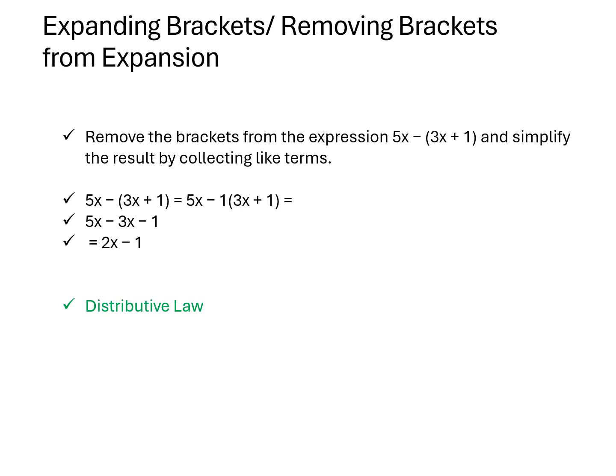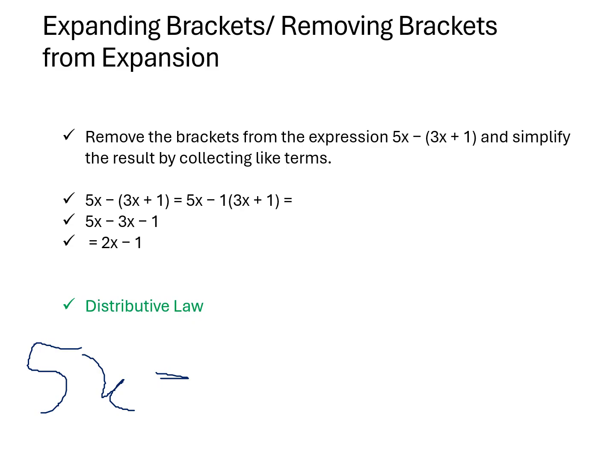Look at this example: 5x minus (3x plus 1). The 3x plus 1 is in a bracket. Remember, there's no 1 written in front of the bracket, but it's safe to say that there is a 1, so what's in the bracket should be multiplied by negative 1. So we're going to put back the 5x, subtract, and expand the bracket.